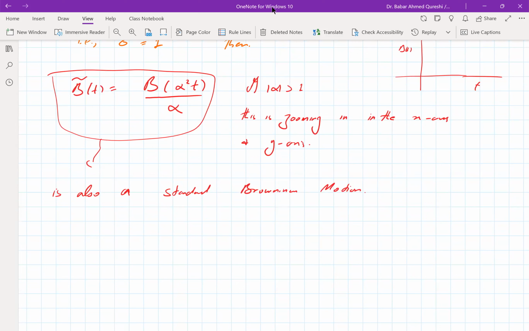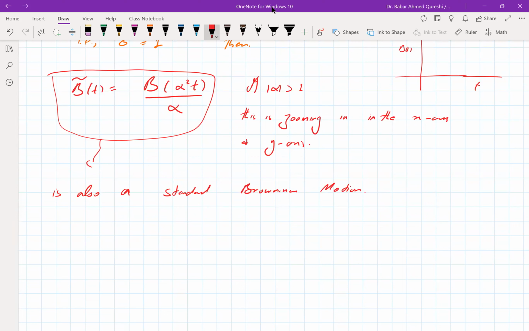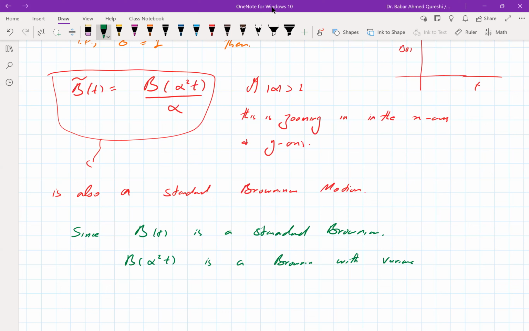Because, well, this is quite easy to see. Since B of t is a standard Brownian motion, we just proved that B of alpha square t is a Brownian motion with variance alpha square.